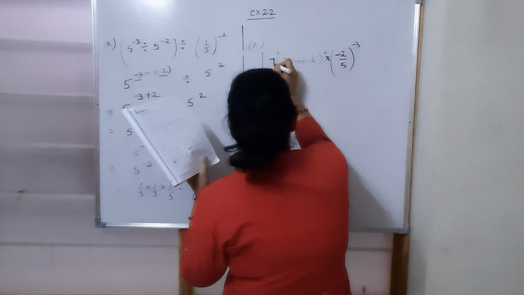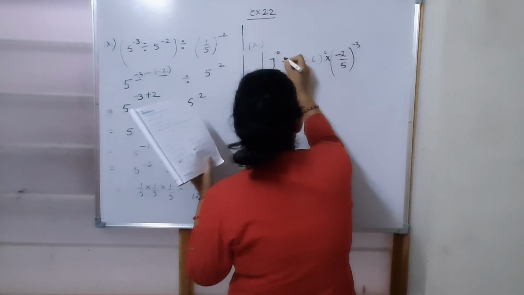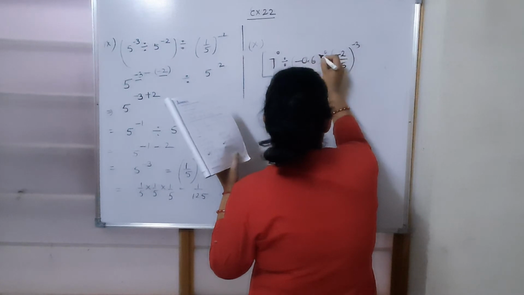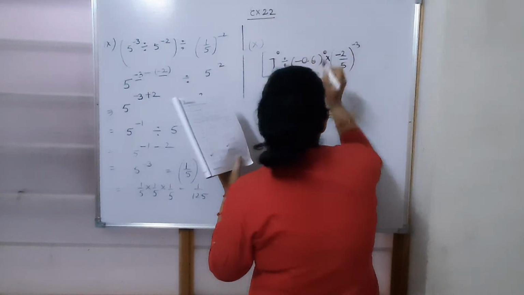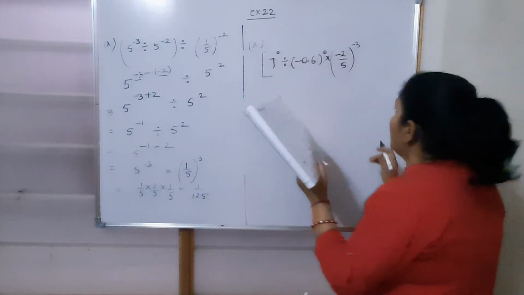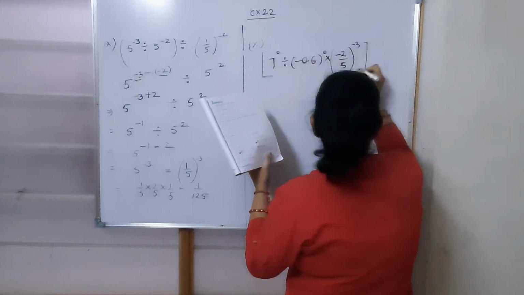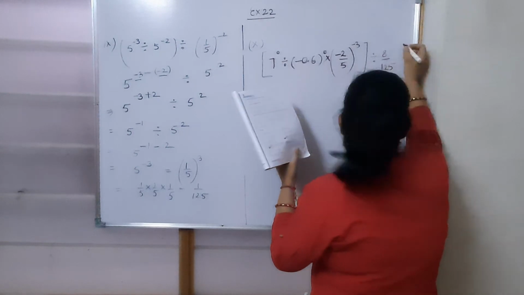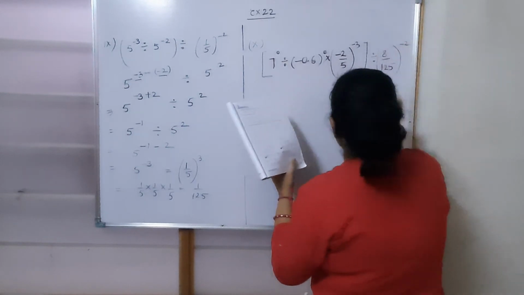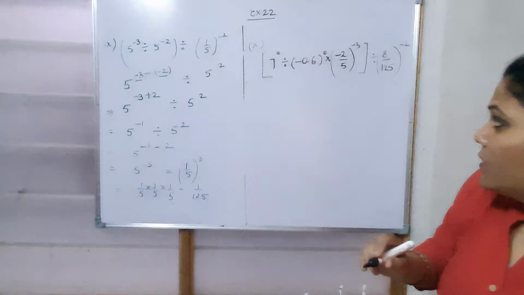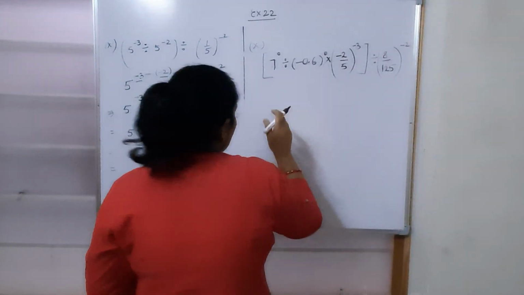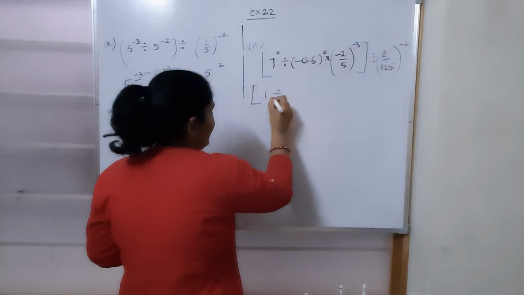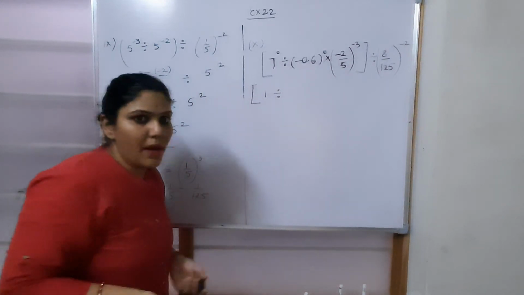Again, 7 raised to the power 0, then minus sign, 0.6 raised to the power 0. Then divided by 8 upon 125 whole raised to the power minus 2. Alright. So how would we do that? Just look here. 7 raised to the power 0 is 1, minus, again, 0.6 raised to the power 0.